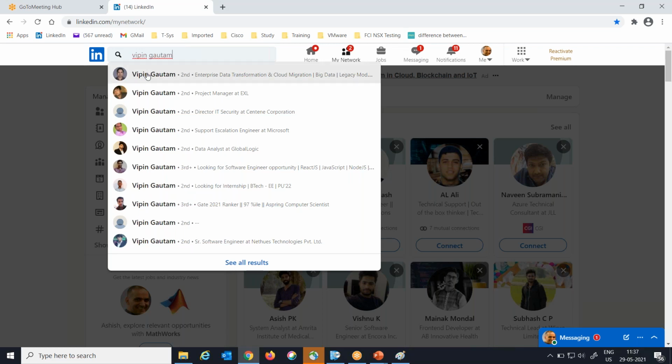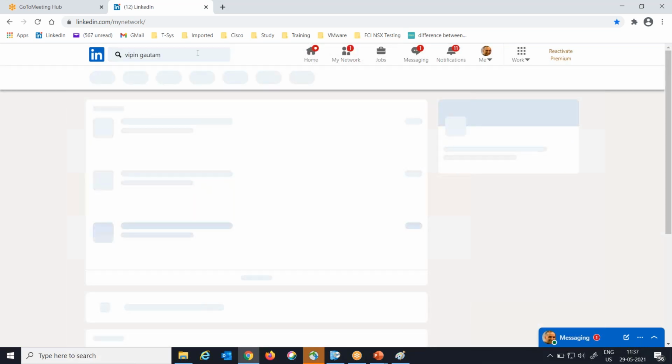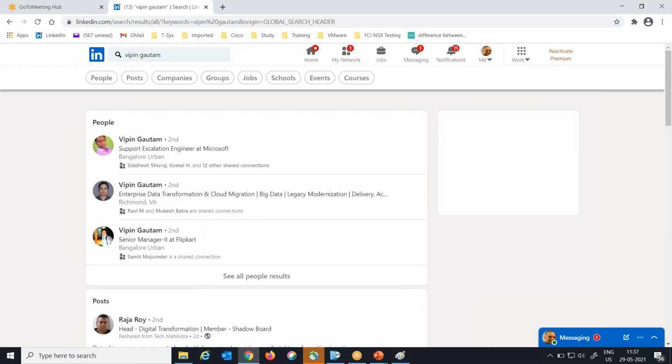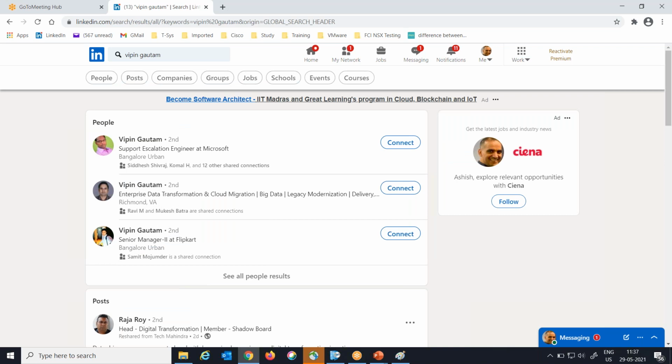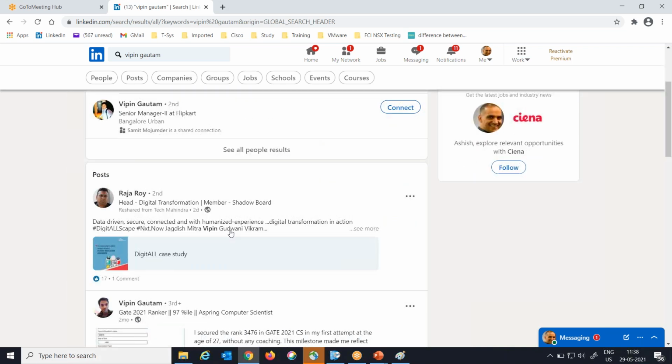The first one. No, it is not showing. All are showing as second connections. Vipin Gautam. What should I say? No problem, I'll check it. I have the number. I'll add you to the WhatsApp group. Yeah, you ping me there on LinkedIn as well. You can ping me, and I'll see.